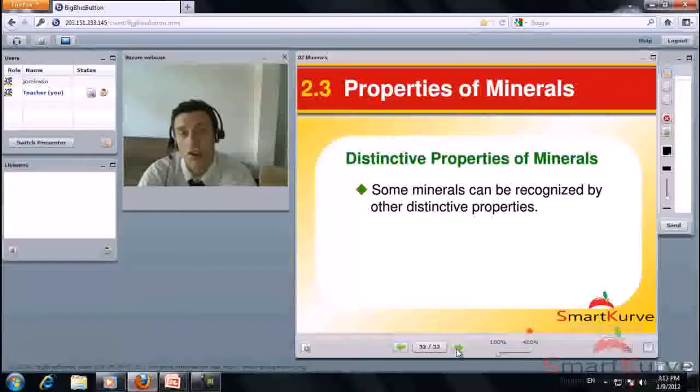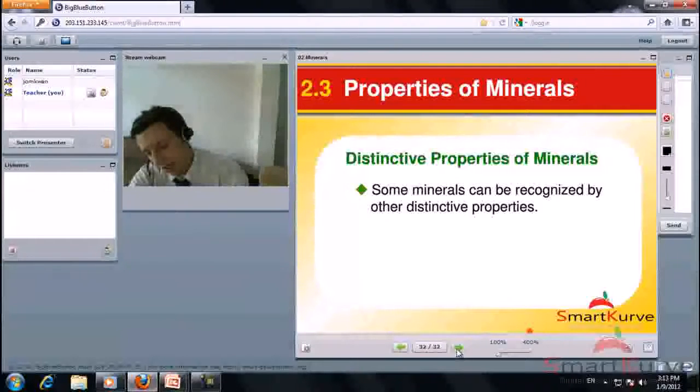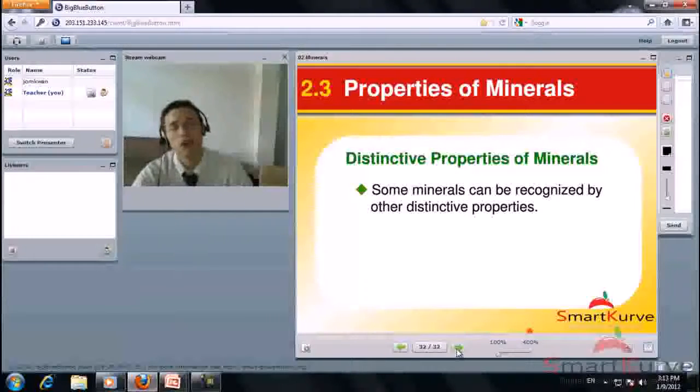And because there are so many different patterns, there are many different properties. And as we saw earlier in the presentation, even minerals which are known by the same name can have different properties because the arrangement of the atoms is a little bit different. All right, so we'll end on that note.